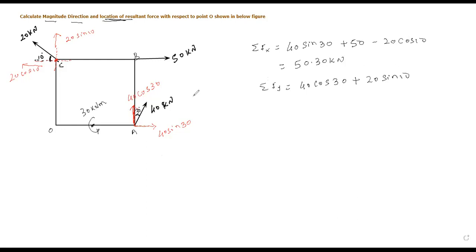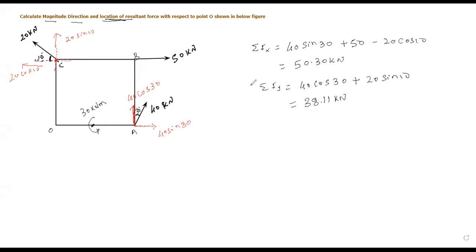There is no other load, right? The 30 kilonewton meter moment will not be considered in sigma Fy. So please give me the value of sigma Fy. Okay, 38.11. I hope it is clear to all of you. 38.11 kilonewton. So sigma Fx is calculated, and sigma Fy is also calculated.